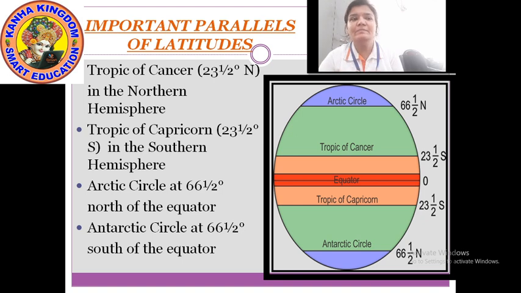The Antarctic Circle is situated on 66.5 degree S, that is south. Note it down. I'll show you a picture. In the picture, it is clearly there on the screen. Look at the picture very carefully. If you have not understood, looking at the picture will make it easy for you to understand.